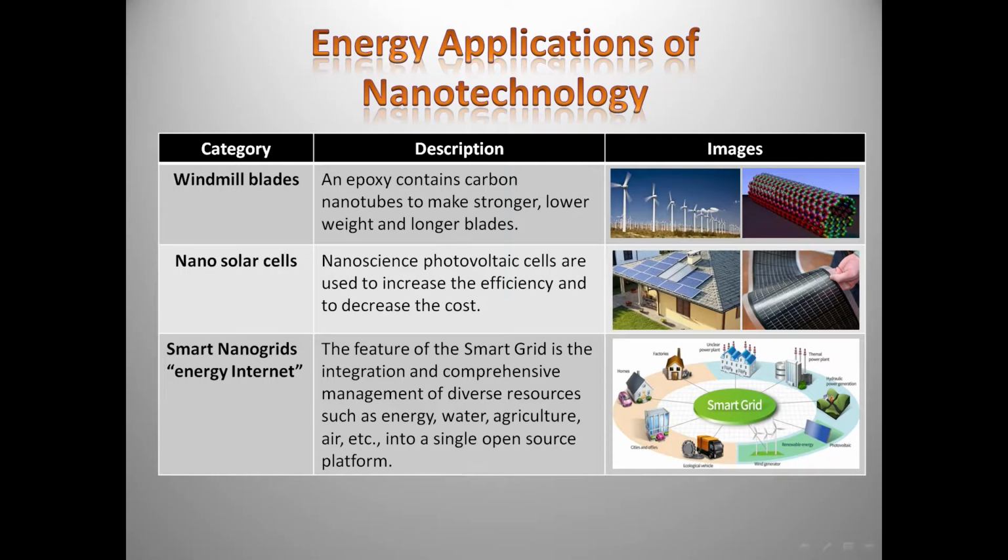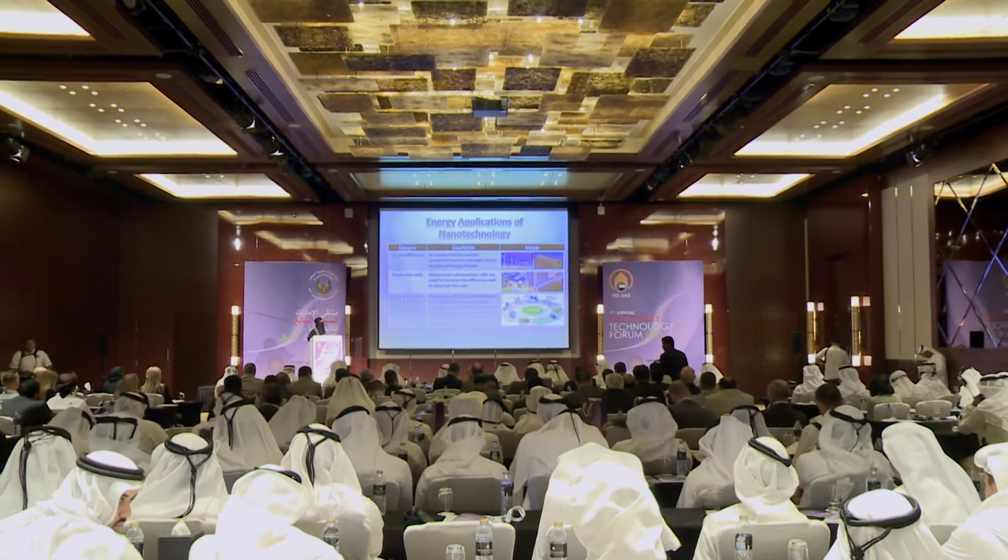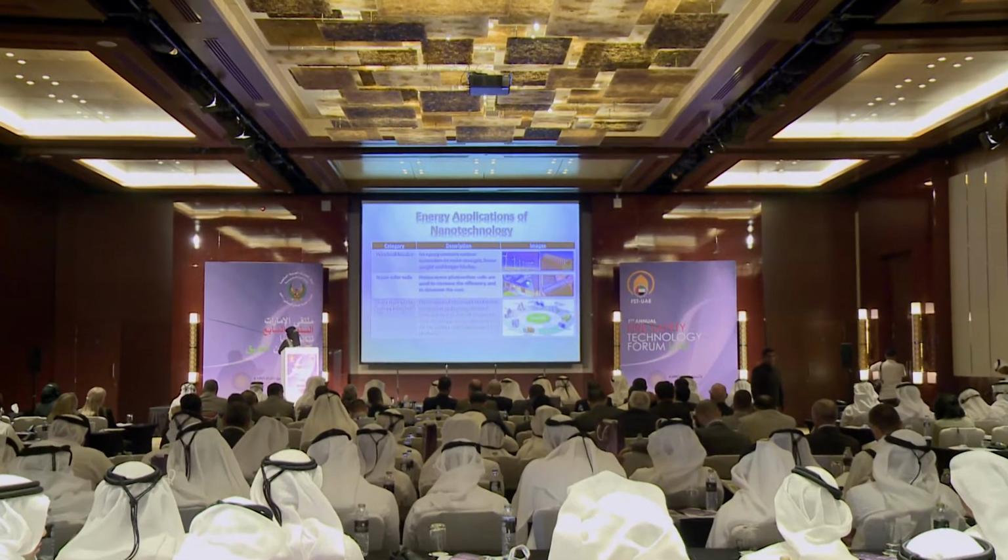Another example is using nanotechnology in solar cells. We have two main drawbacks with the conventional solar cell. The first one is that the manufacturing cost is expensive when making the solar cells.